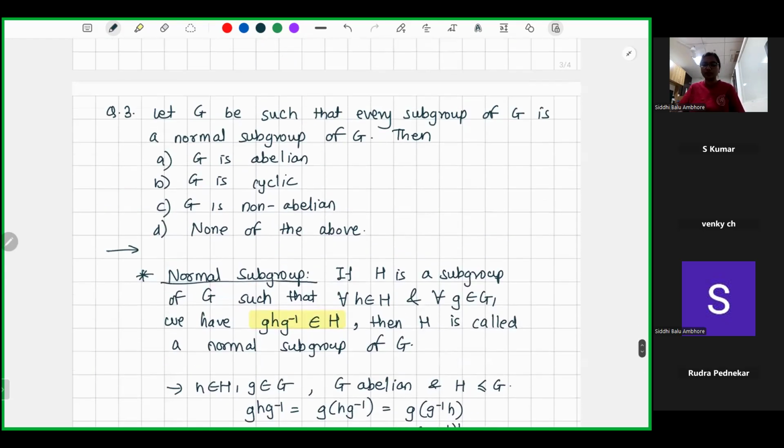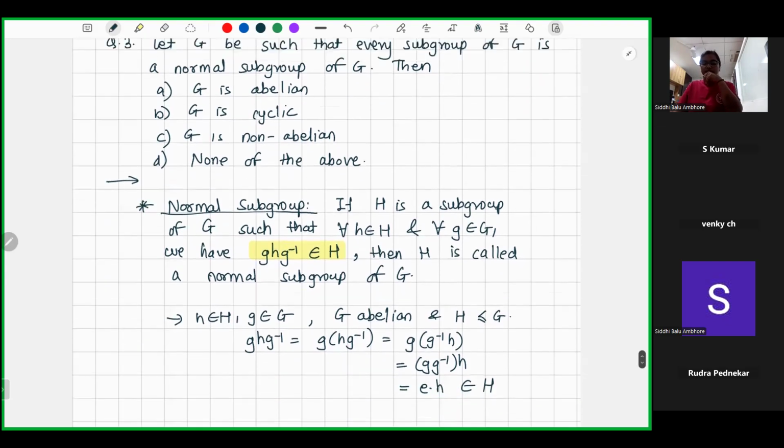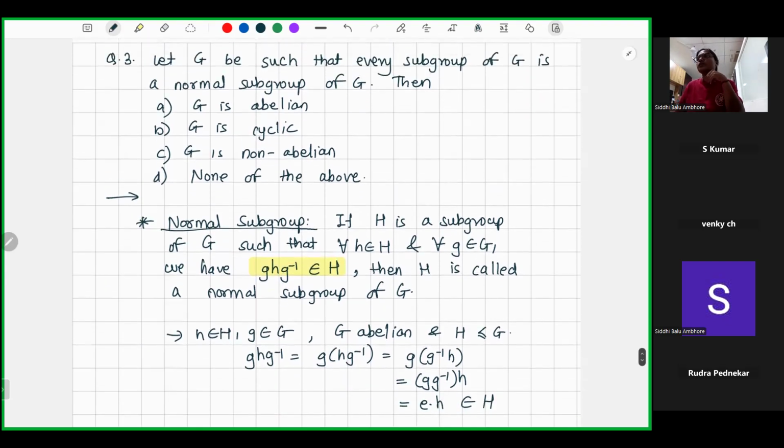So either I need to prove that G will always be abelian, G will always be cyclic, or G is always non-abelian. So what is your guess here? Do you think any of these three, that is G being abelian, G being cyclic, or G being non-abelian, is true? If any of this is true, then we will have to prove it. And if not, then we have to give a counterexample for each.